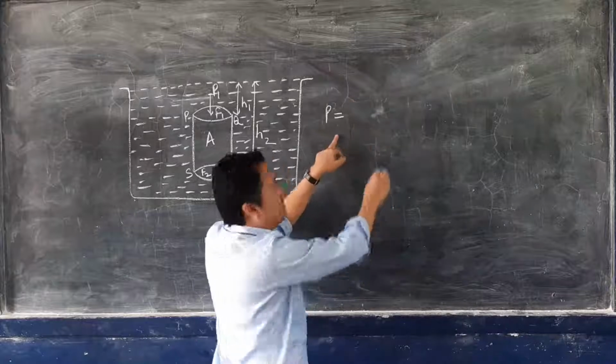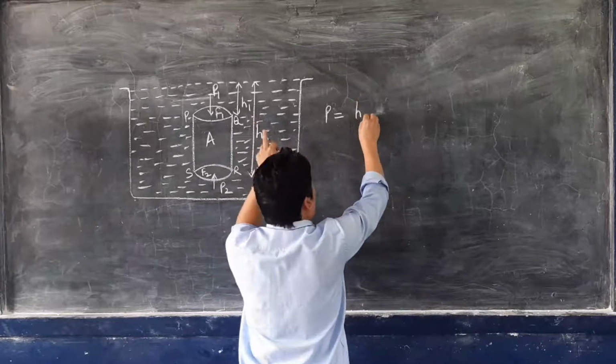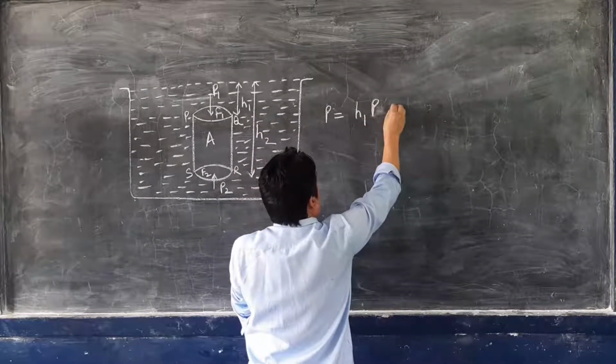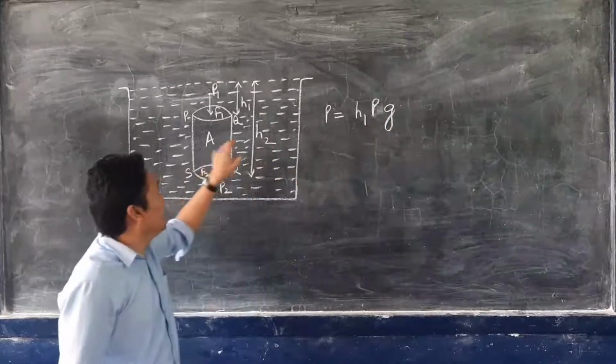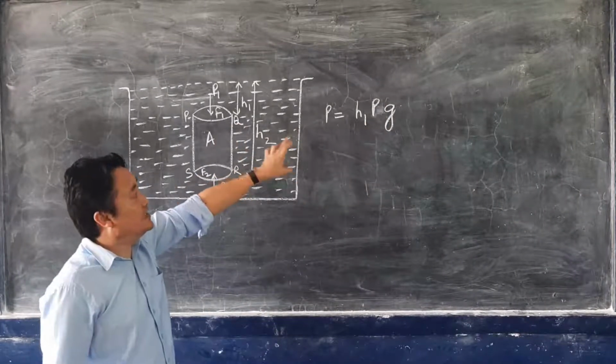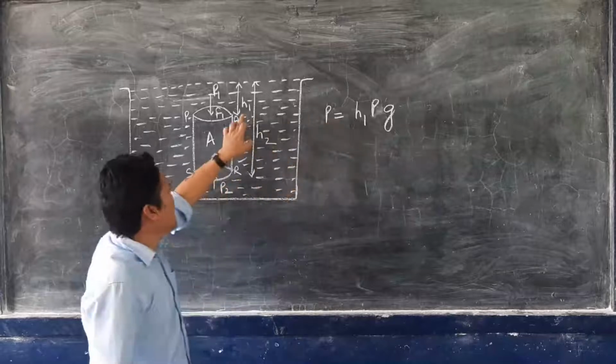The formula is P equals h rho g. Let us consider the density of the liquid rho, acceleration due to gravity g, and height h1.